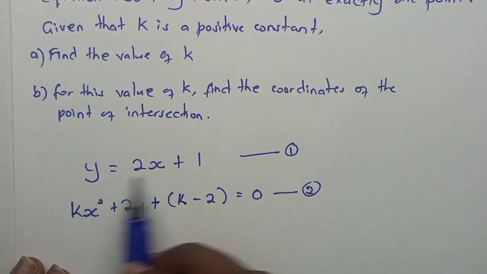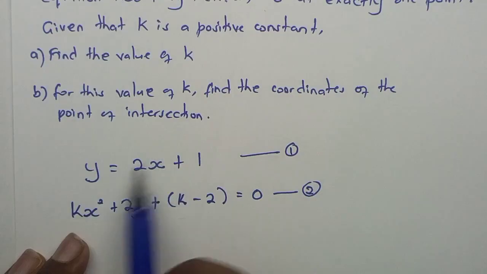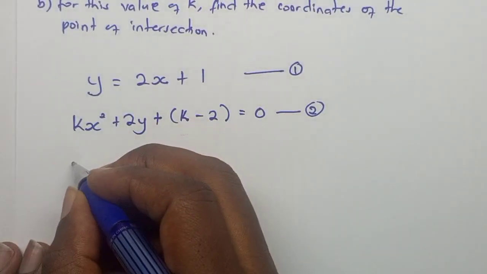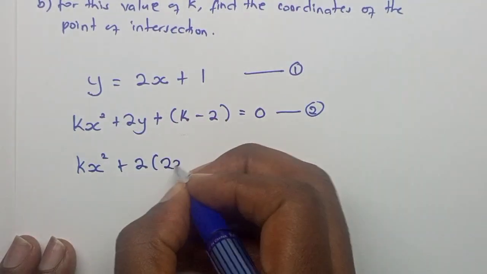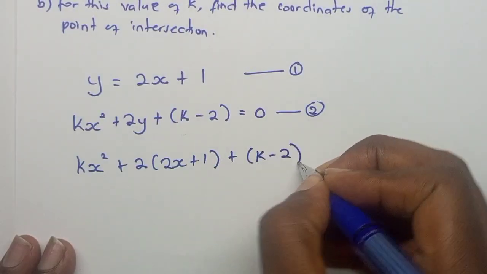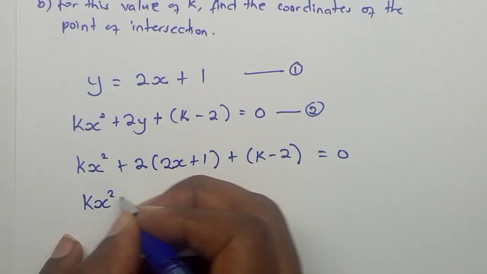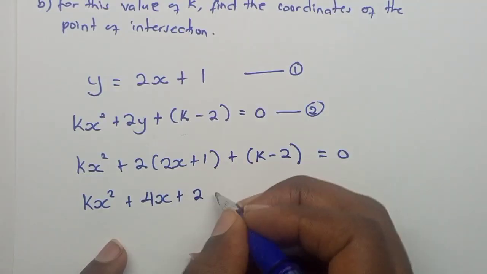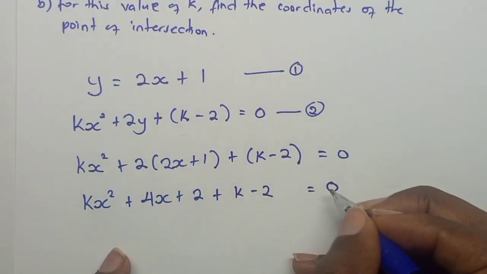Now let us substitute y, which is 2x plus 1, into equation 2. So we shall have kx squared plus 2 into 2x plus 1 plus k minus 2 is equal to 0. This is kx squared plus 2 times 2 is 4x, plus 2 times 1 is 2, plus k minus 2 is equal to 0.